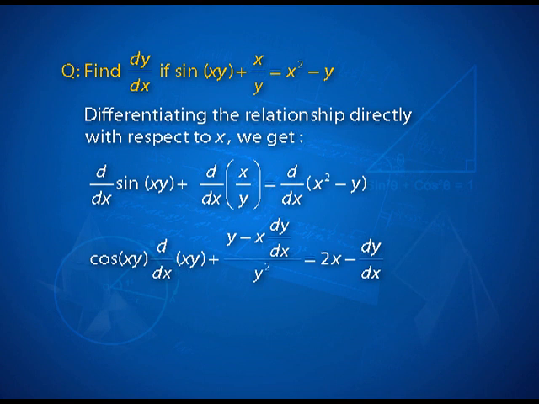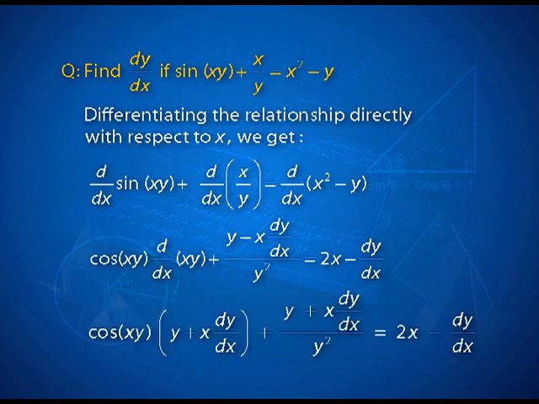Work is still not over because I still have to finish the first term. Again applying the derivative of xy with the help of product rule, I get cos of xy into y plus x dy by dx. The other terms remain the same.